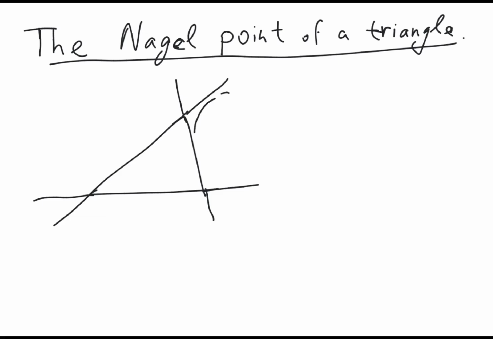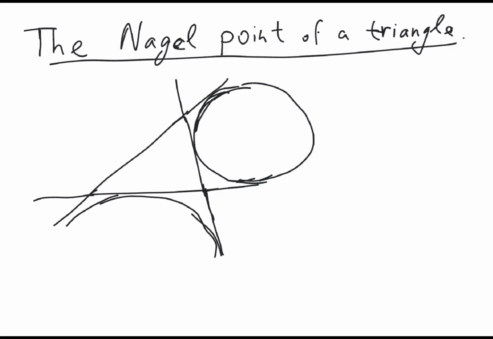So the circles that touch all three lines containing the sides of the triangle, but only one side and two extensions of the sides. So like all three of them lie outside of the triangle. So like this. I'm not going to draw the whole circles, there is too little space on this picture.